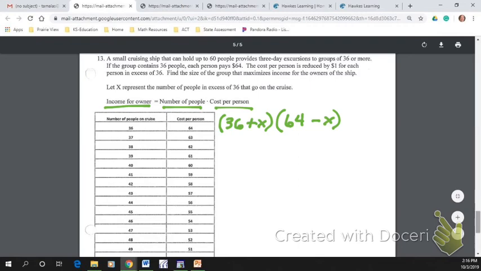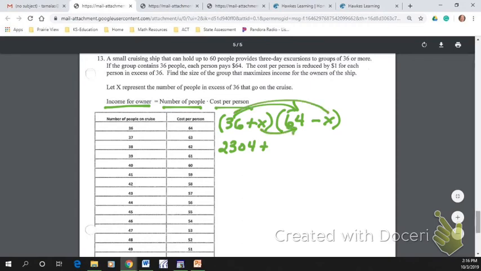Okay, so that would make a quadratic if I multiplied it together, correct? Multiply that thing together, I will have a quadratic, and then I can use the vertex to find the appropriate number for X to maximize my income. So what's 36 times 64? 2304. Okay, then I can take this times this, and this times this.